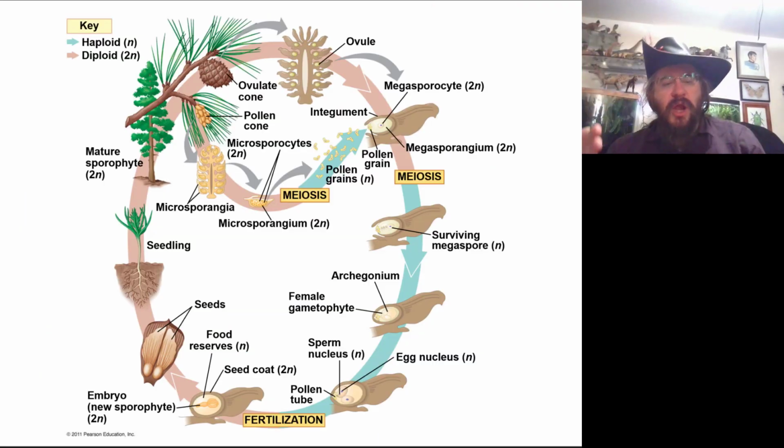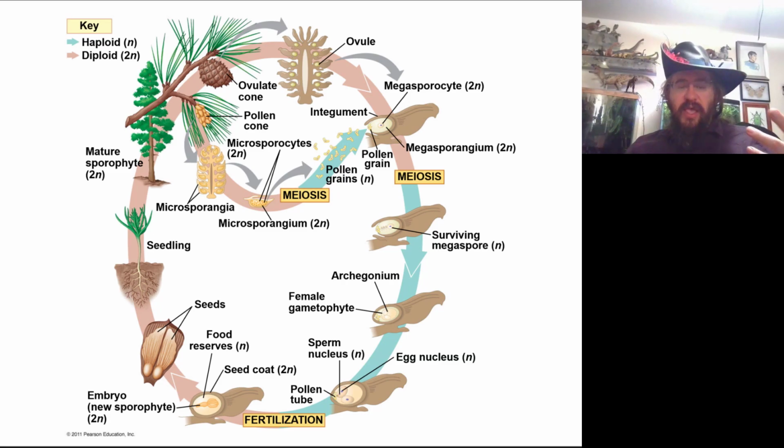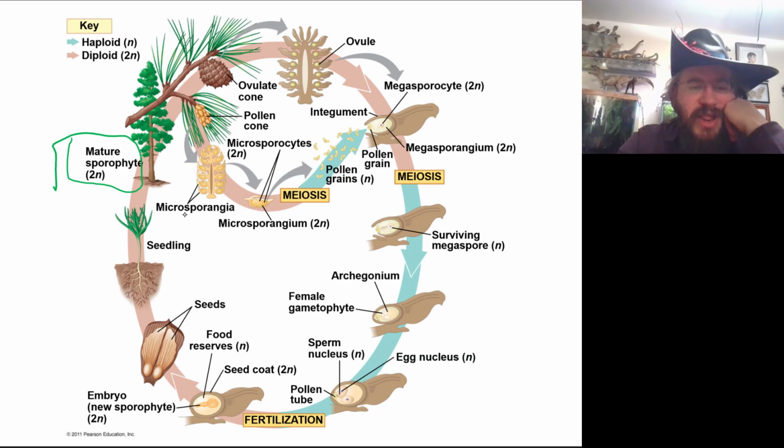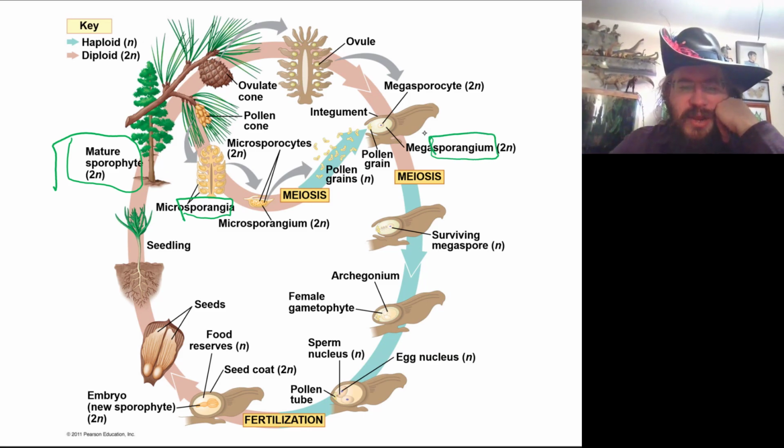Okay, so here is your larger, more inclusive life cycle, including this stuff. Again, it's going to be very similar to the original life cycle, right? We still have sporophyte. We still have sporangia. And we still produce spores.